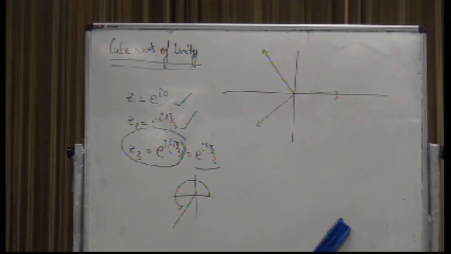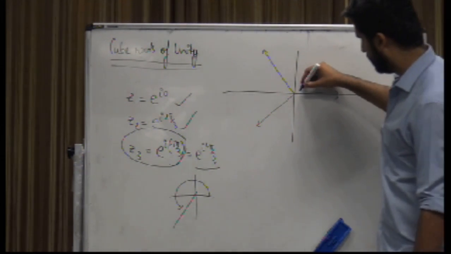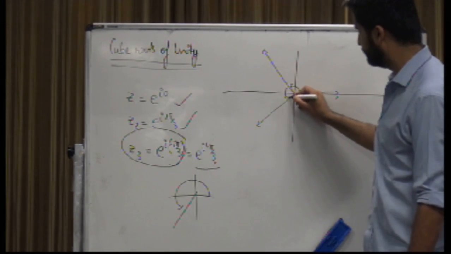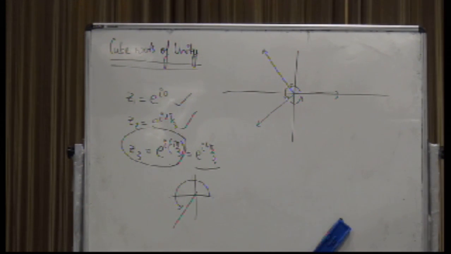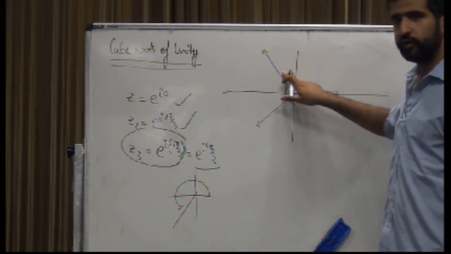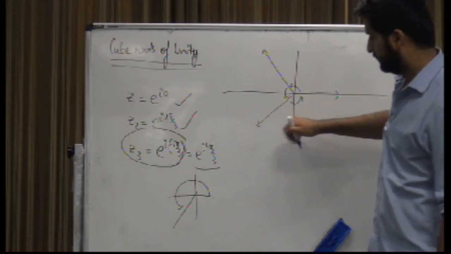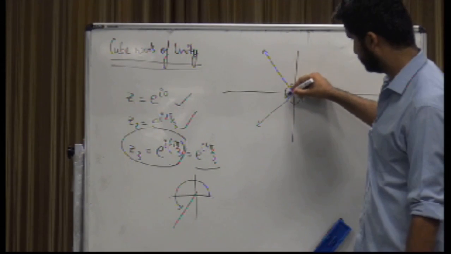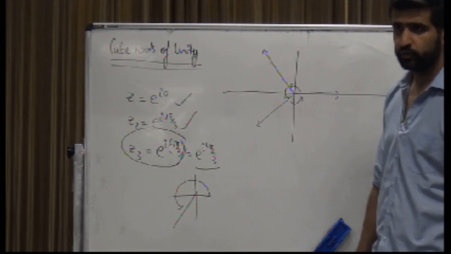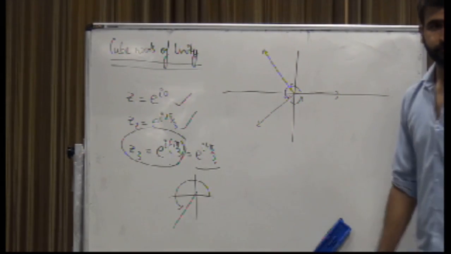So the angle between all these three is always equal to 2 pi by 3. You can see that the angle between 0 and 2 pi by 3 is 2 pi by 3. This can be written as e to the power iota 4 pi by 3, right? So this will be the angle, 2 pi by 3, again 2 pi by 3.